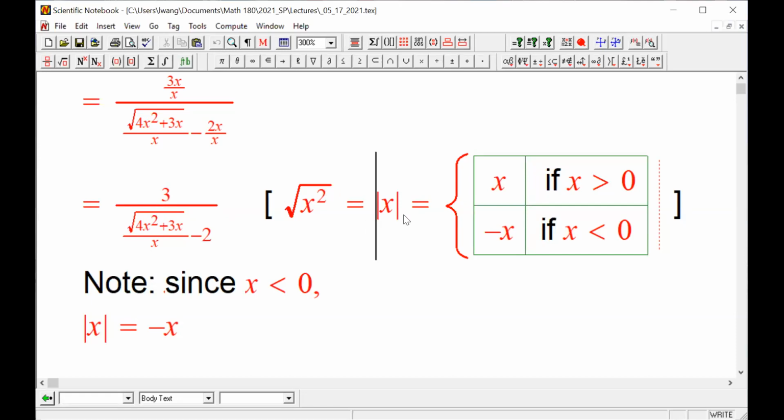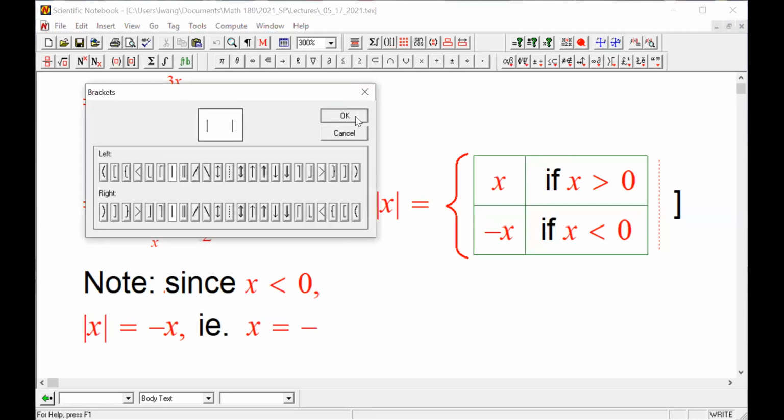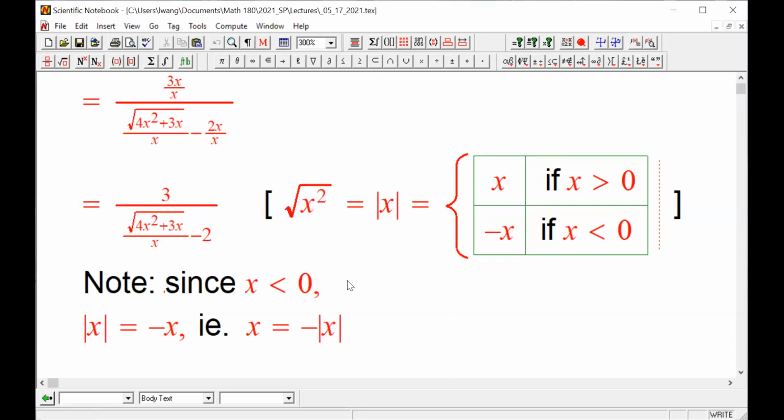We're following this branch, right? What does that mean? That is, x is equal to negative of the absolute value of x. You just multiply both sides, you isolate the x, and you take this guy inside here.